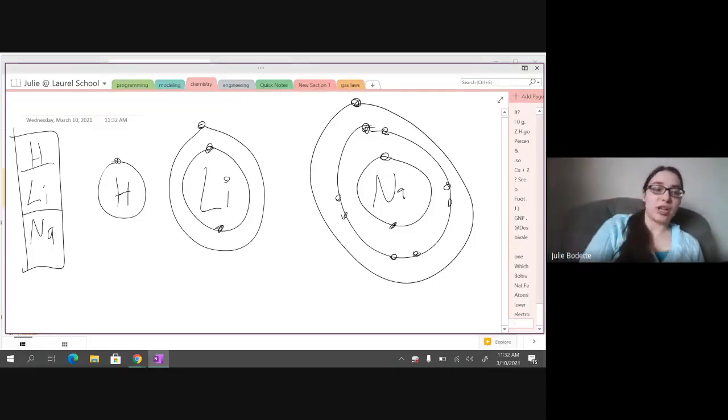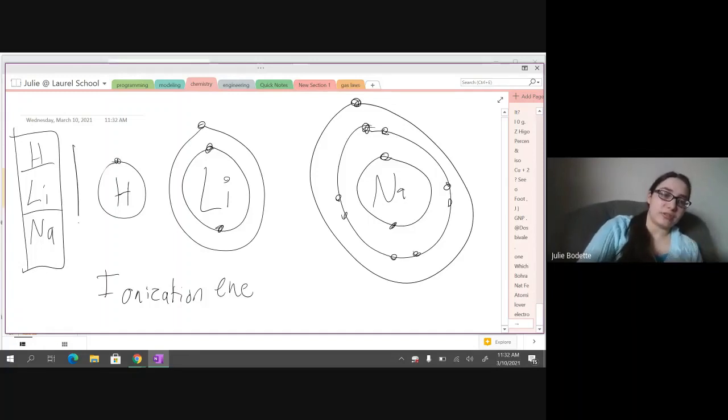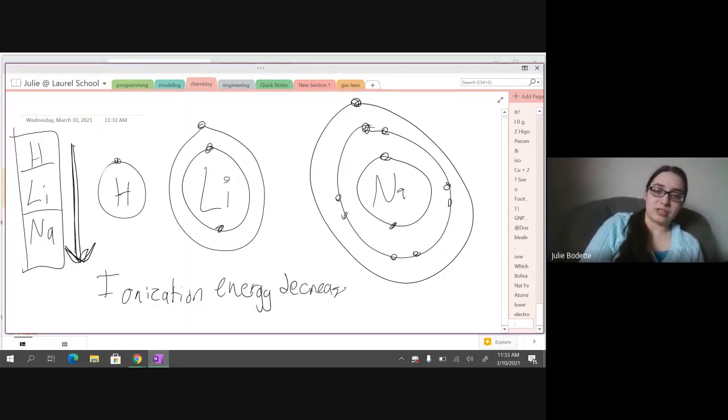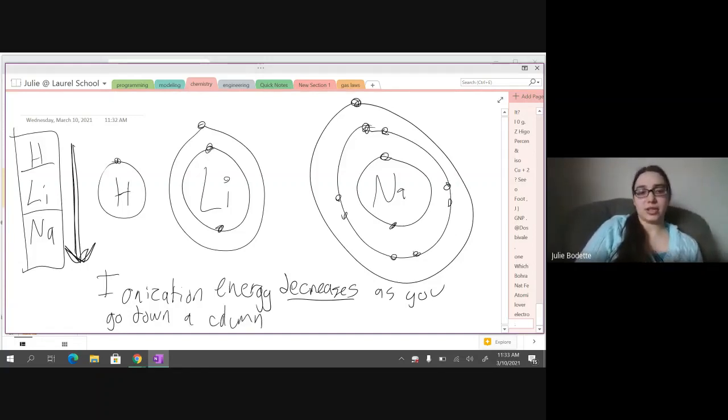Okay, so as we go down, ionization energy decreases. If I draw a line there as we go down, ionization energy decreases as you go down a column. So let's think about that.